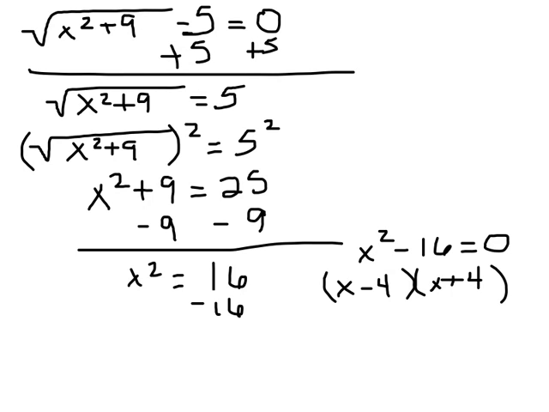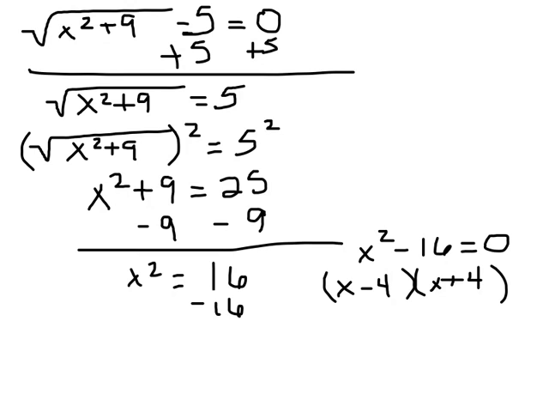So in this case, we're going to have two solutions because both 4 and negative 4 satisfy this equation. If I put in 4 squared plus 9, that would be 25, and the square root of 25 is 5, and 5 minus 5 is equal to 0. So I know that positive 4 works.